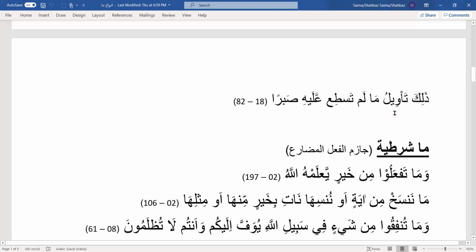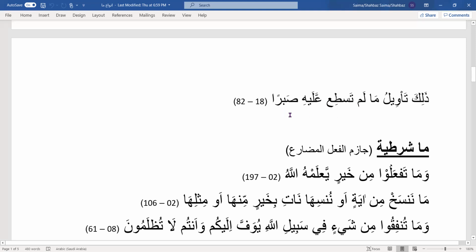That is the interpretation of what you were not able to have patience upon. Okay, I will do that again. That is the interpretation of what you were not able to be patient upon. What is the role? So ma is ism mawsul, lam tasta' alayhi sabra.